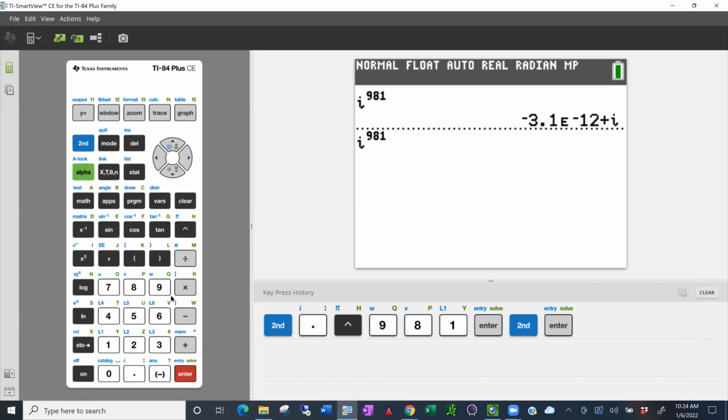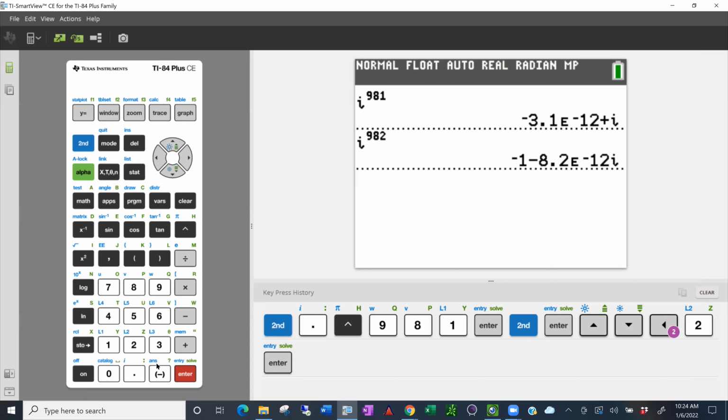I should have raised it to 982. But it's still not going to give me exactly what I was looking for. Now, it's not as far off as you might think, but it would take a minute or two to explain that. I'm not going to take the time on that now. So, yeah, there are limits to what your graphing calculator can do, but we don't need to rely on our graphing calculator for these types of problems.